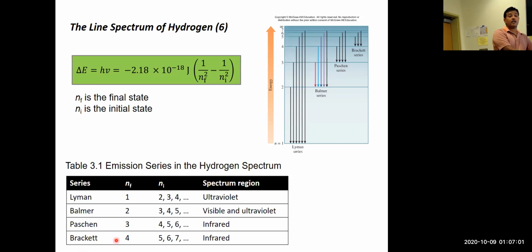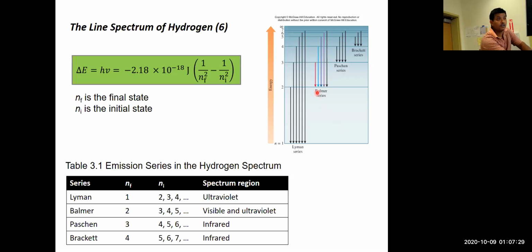And Brackett also identified signals where the final state is 4 and initial states are 5, 6, 7, and they also fall in the infrared range. So what it tells you is that when matter absorbs energy, the electrons go to all different states and come back to all different states. But all we can see is just the visible spectrum.